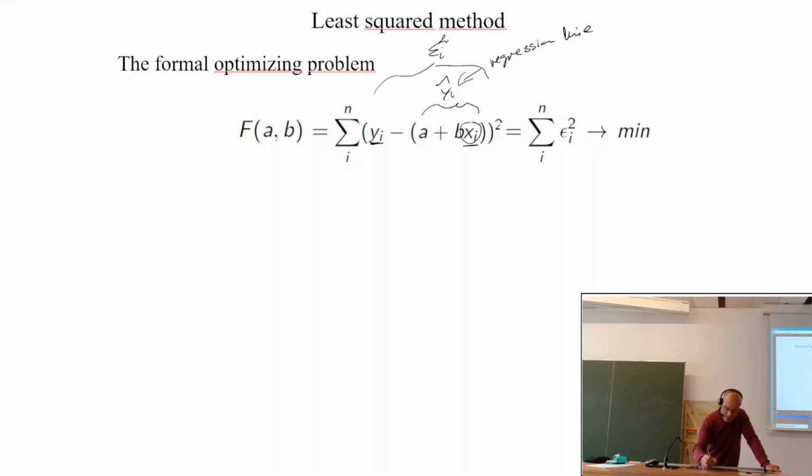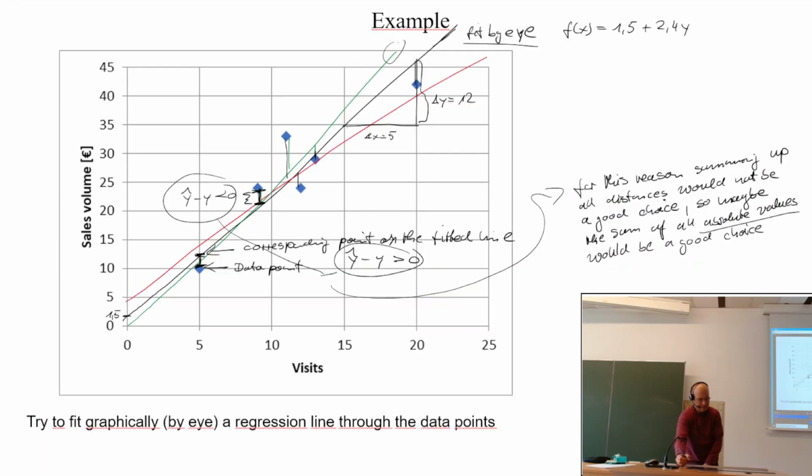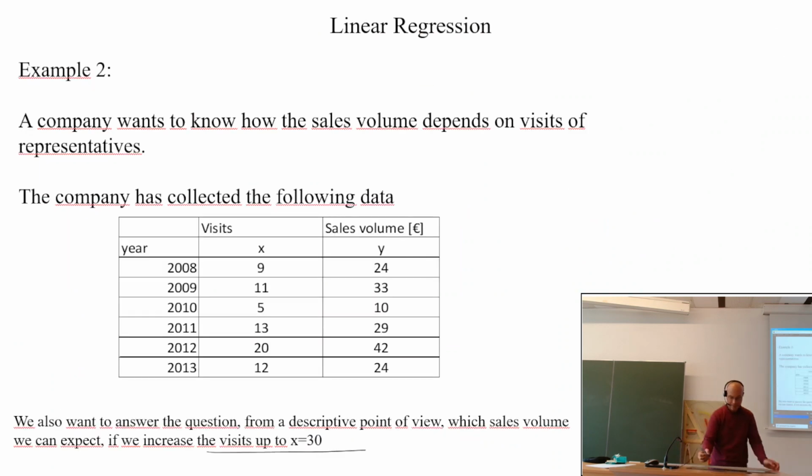Well, remember, all xi, yi are known. This is just our data set. If we go back to our example here, this would be x1, x2, x3, x4, x5, x6, y1, y2, y3, y4, y5, y6.